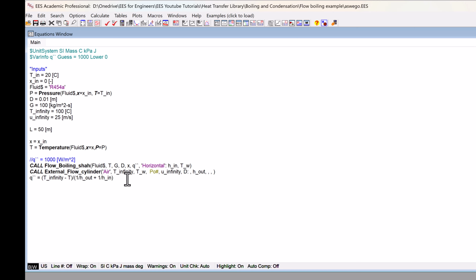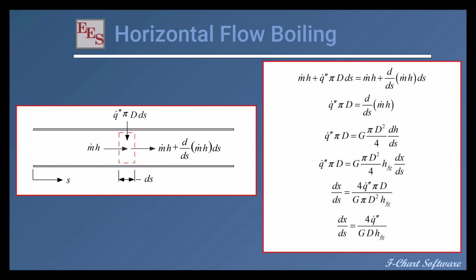The last thing I need then is to figure out from an energy balance, how quickly then is my quality changing as I move along the tube. So let's think about that for a second. So here's a differential control volume. You can see it's differentially small in the direction of the tube, but extends all the way across the cross section.